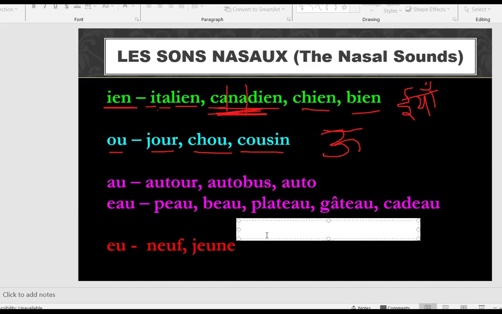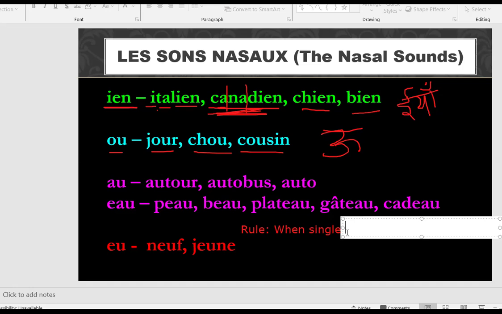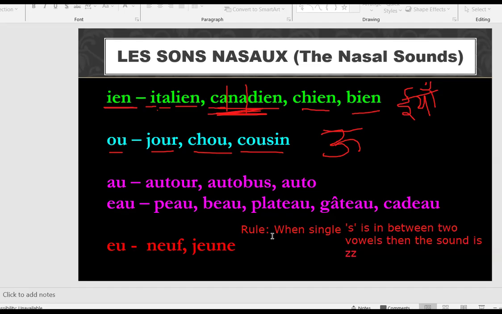The rule is, so I have written something like this: when single S is in between two vowels, like here, S is surrounded by two vowels, right?